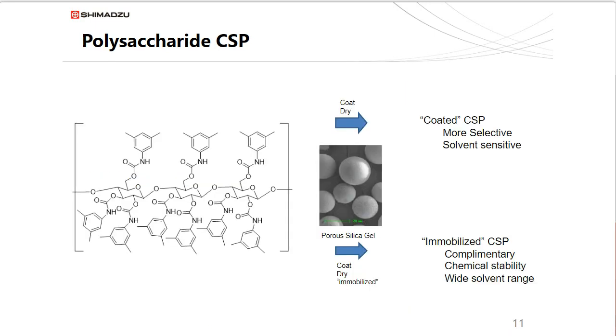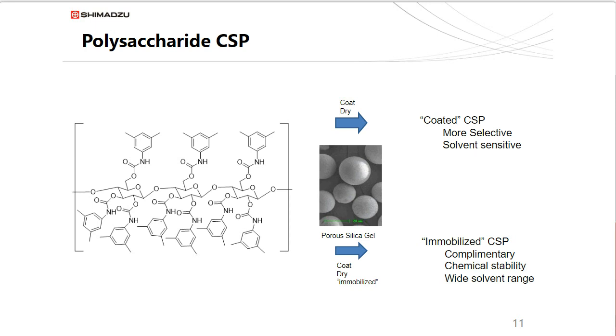Once the polysaccharide has been derivatized, it's then put onto a silica gel bead. There's two ways of doing this. One is a coating, where the polymer is taken up into a solvent and dried down onto the silica gel bead, creating what's called a coated CSP. And then there's another process that coats it onto the silica gel bead, and then it is immobilized or polymerized onto that bead, creating what's called an immobilized CSP.